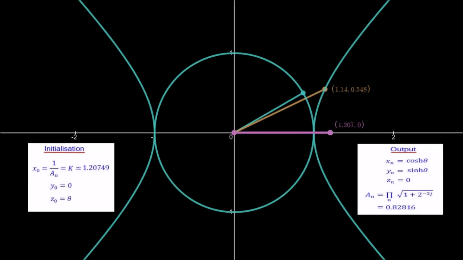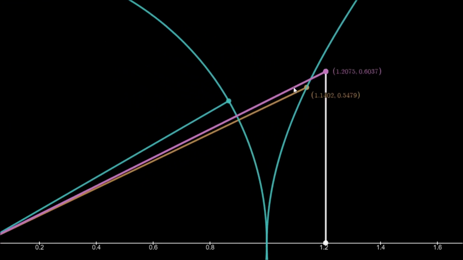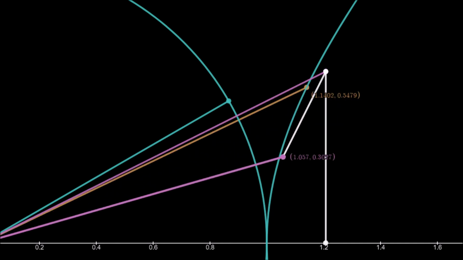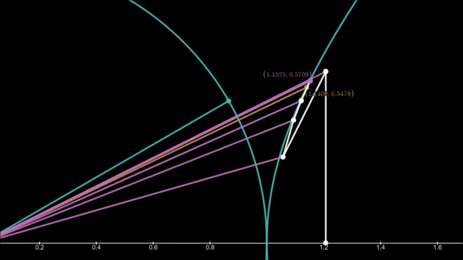We're going to increase the angle, and you can see in this instance we've gone too far, so we're going to have to subtract off the next angle. You can see we're now too far in the other direction, so we'll have to increase this, and so on and so forth. I'll just go ahead and finish this off.